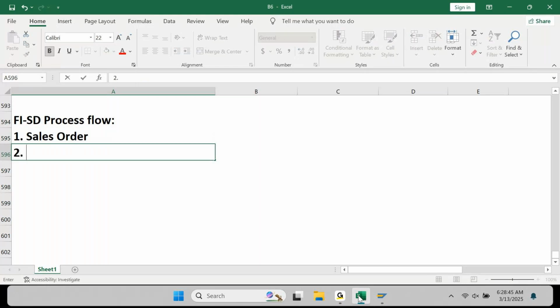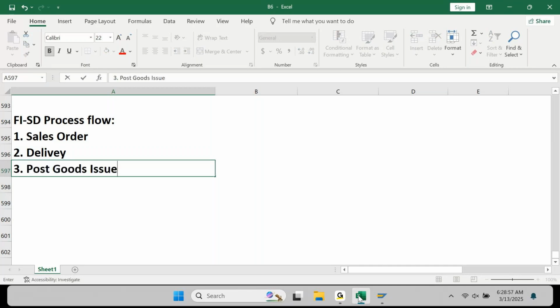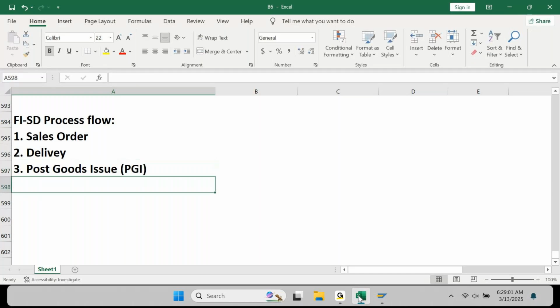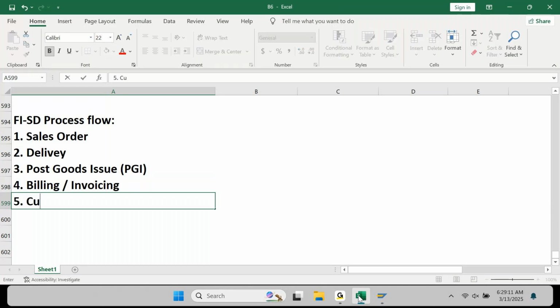Second one, to create delivery. Third one, PGI, post goods issue. In short, we call it as PGI. Fourth one, billing or invoicing. Fifth one, payment.